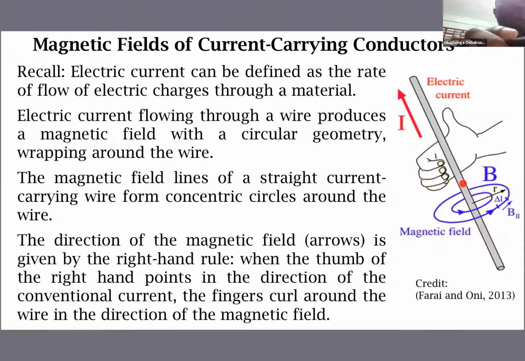So let's look at it in this way. This is a conductor. This is another conductor. For the fact that current is flowing in this direction, we have magnetic field around this conductor. And for the fact that current is also flowing in the second conductor, we have magnetic field around it.